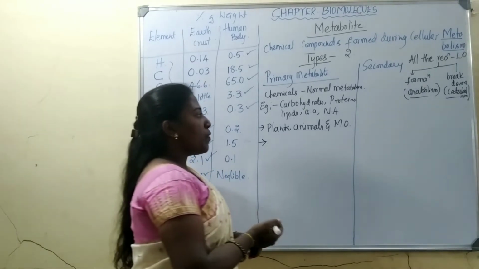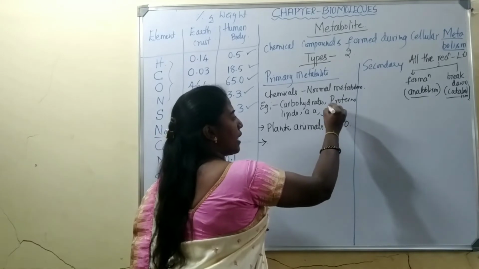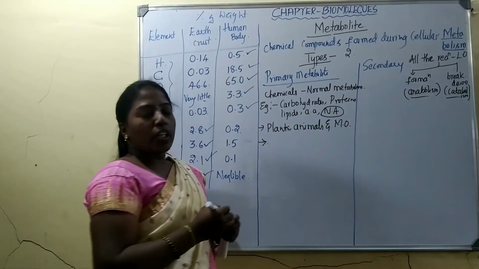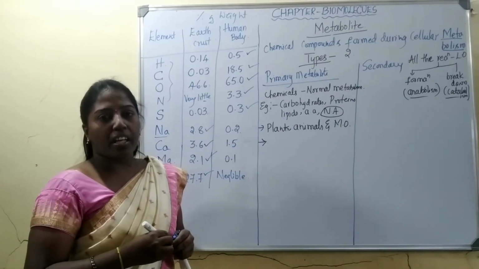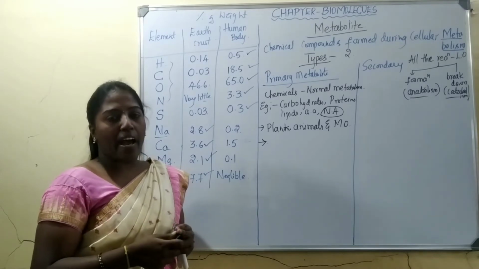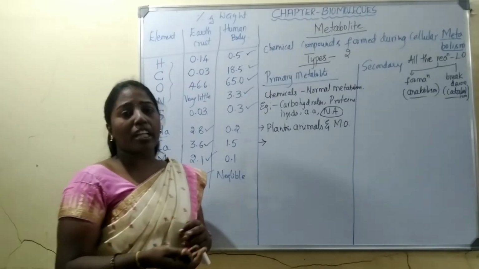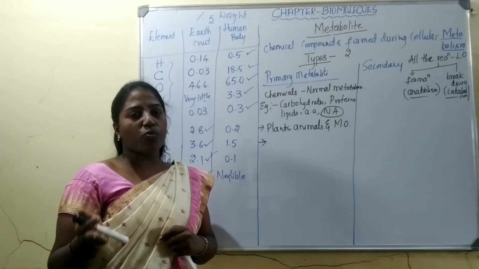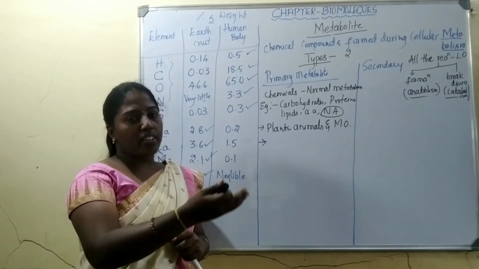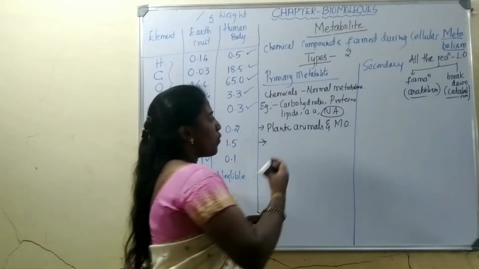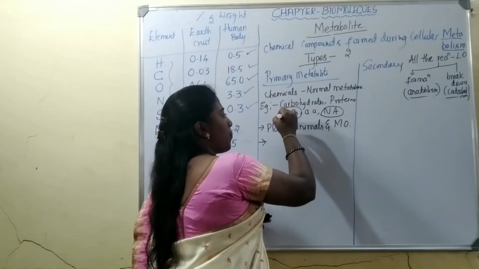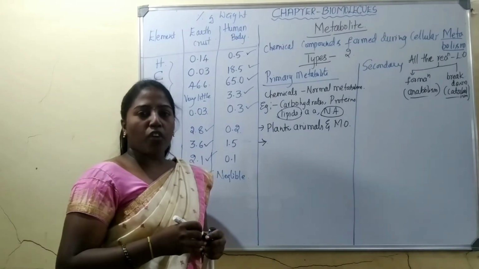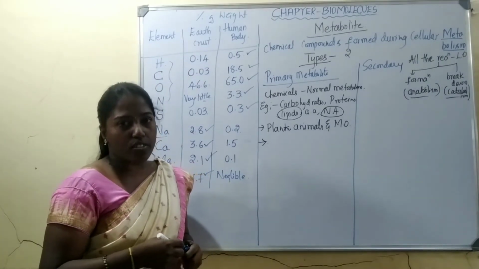See, for example, when we take nucleic acid, it is nothing but DNA and RNA. We all know that DNA acts as a genetic material which carries the information from one generation to another generation. Lipids form most of the membranous structures.